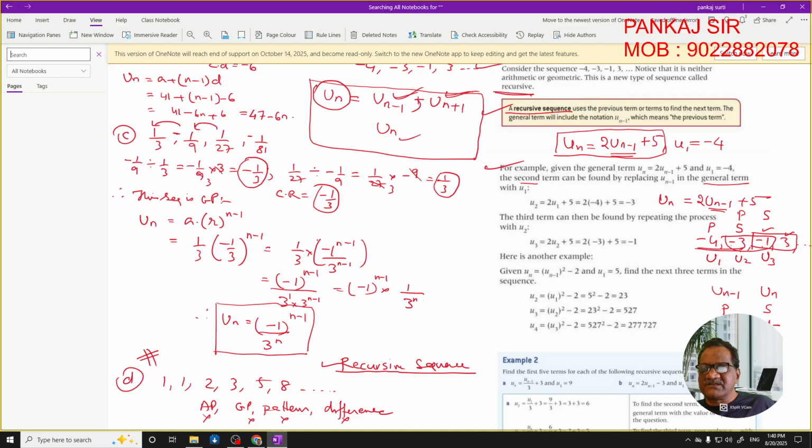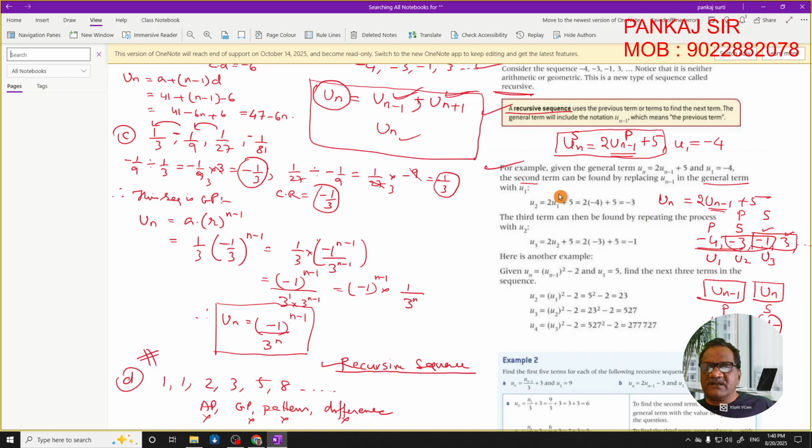Can you see this u4 is a previous term and u5 is a successive term? So the previous term can be written as un minus 1 in general, and the successive term can be written as un. Un minus 1 is previous and un is successive.